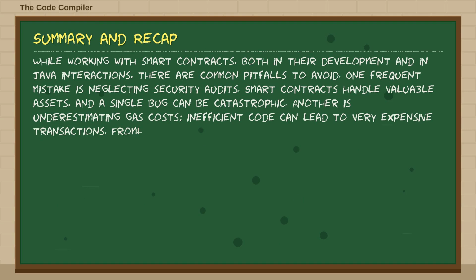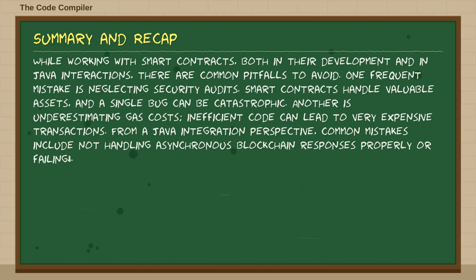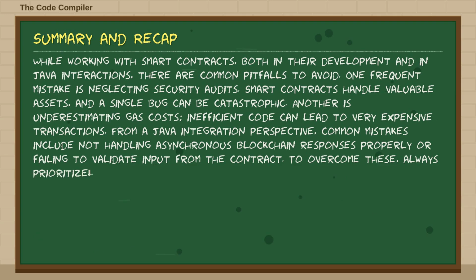From a Java integration perspective, common mistakes include not handling asynchronous blockchain responses properly or failing to validate input from the contract. To overcome these, always prioritize thorough security audits and testing.